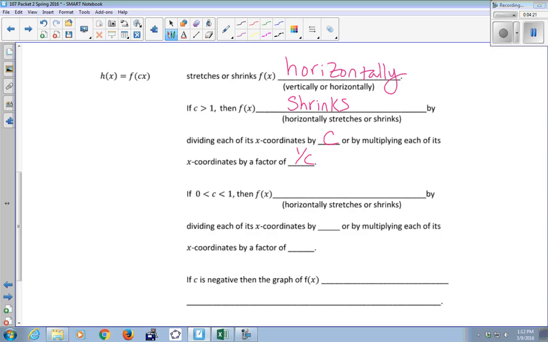If c is a tiny number, like a half or a third or 0.2, a number between 0 and 1, when you multiply x by a small number, you'd think that all the x's would get smaller. But they don't. They get bigger, and the graph ends up stretching horizontally.